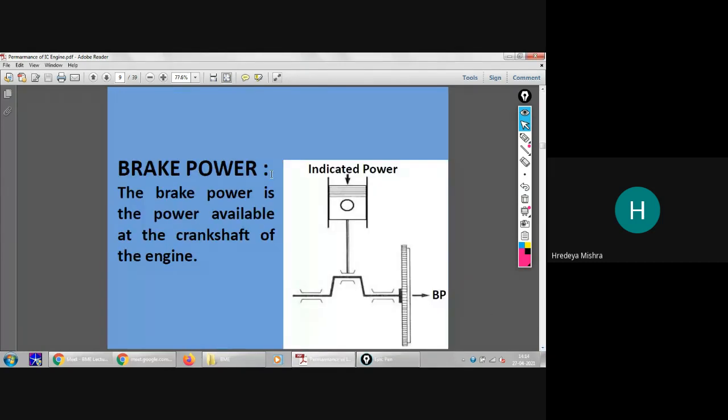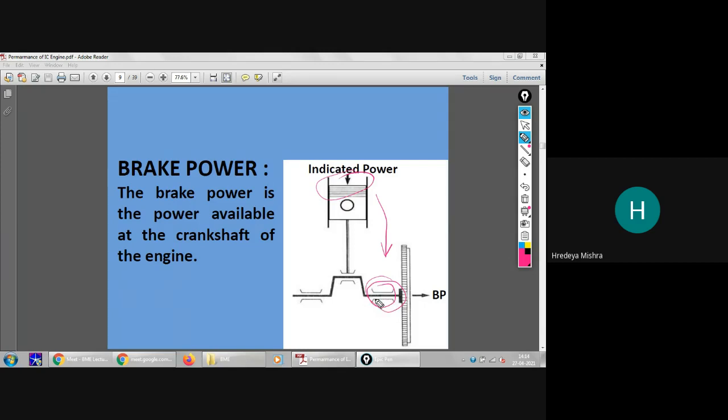Now brake power. What is the brake power? The brake power is the power available at the crankshaft of the engine. Here you can see the indicated power which is generated on top of the piston, and the piston is moved down, and here is your crankshaft.